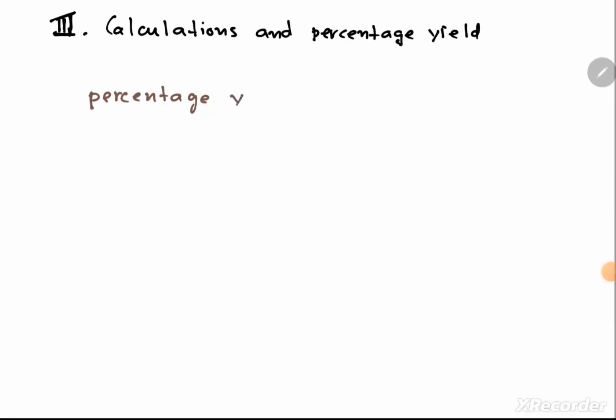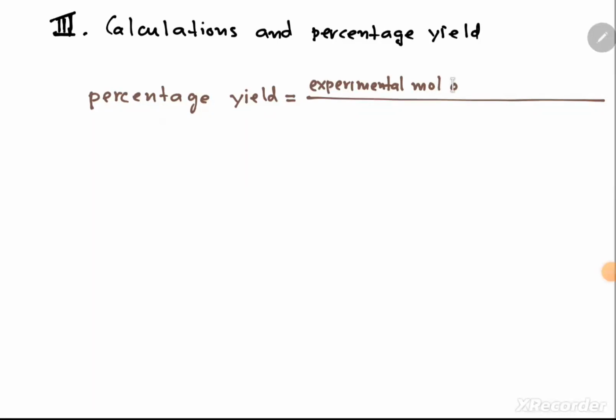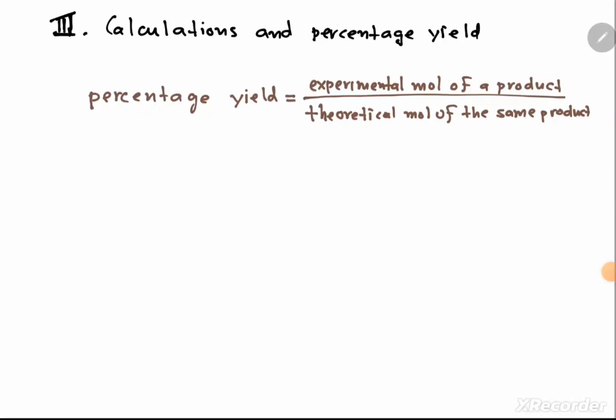Percentage yield is equal to the experimental moles of a product divided by the theoretical moles of the same product, times 100.